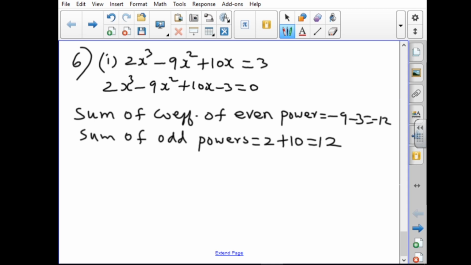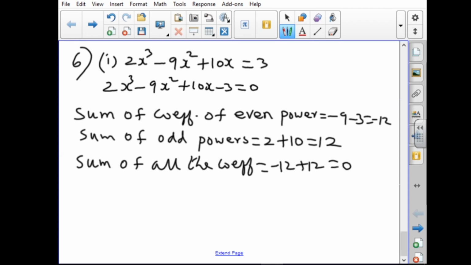So here, find the sum of all the coefficients. So it gives you minus 12 plus 12, which is equal to 0. So sum of all the coefficients is equal to 0.